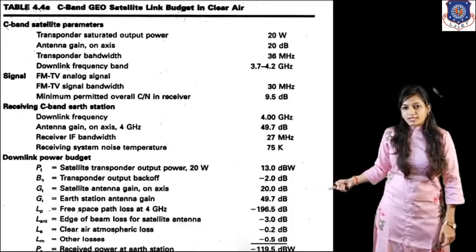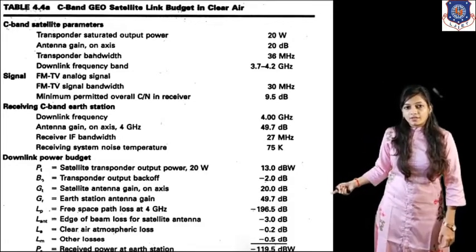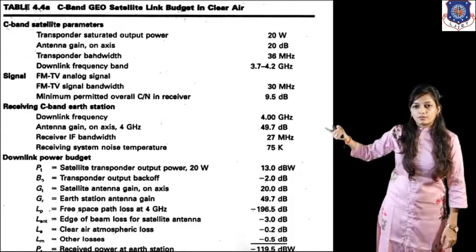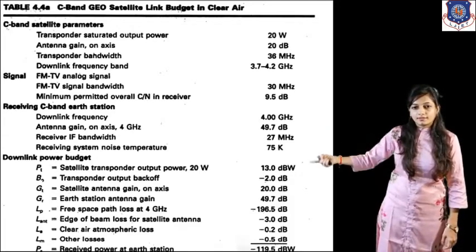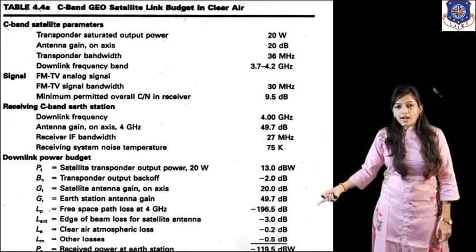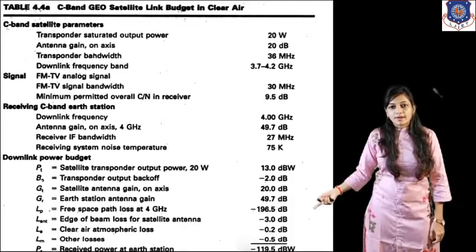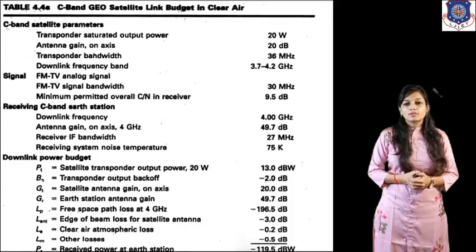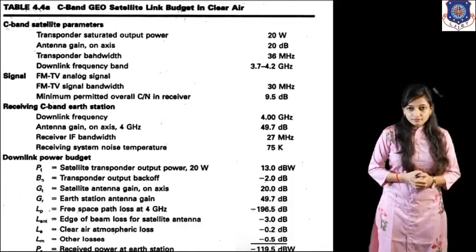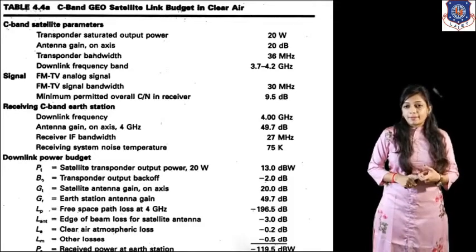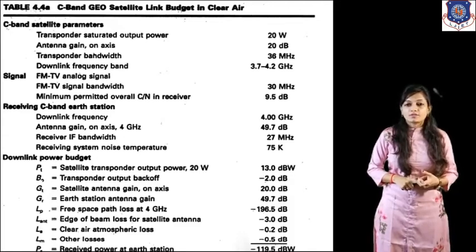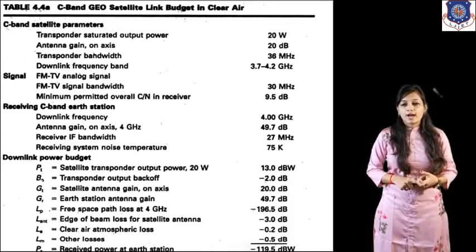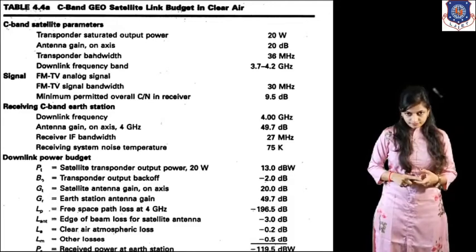So the Earth station antenna gain is given as 49.7 dB, right? This we have placed. Path loss, that is minus 196.5 dB. As we know, path loss is dependent on frequency as well as on range, so it is (4 pi r over lambda) whole squared, right?